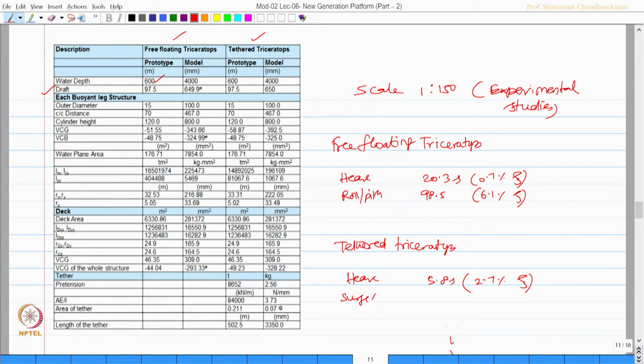Of course, in surge and sway it showed 146 seconds with about 10.4% structural damping. So, details of the model are shown on the screen now, and these are the natural periods and damping of the platform conceived for free floating and tethered triceratops under installed conditions.